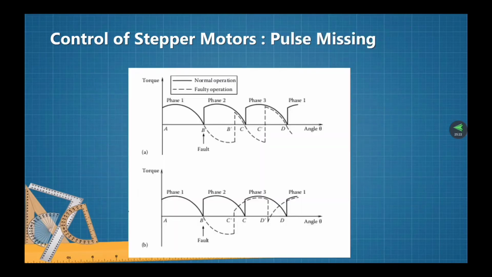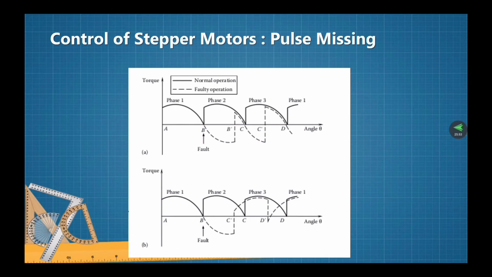So the motor will decelerate because of the negative torque from the phase that was not switched off. Depending on the timing of the subsequent pulse, a negative torque can continue to exist in the motor, thereby eventually stalling the motor. The motor deceleration due to the pulse missing can be explained using the static torque approximation.